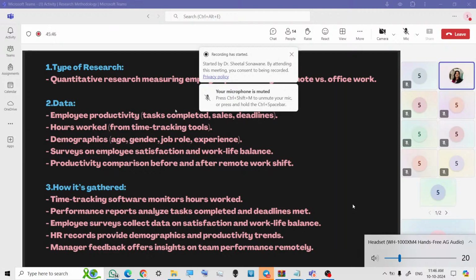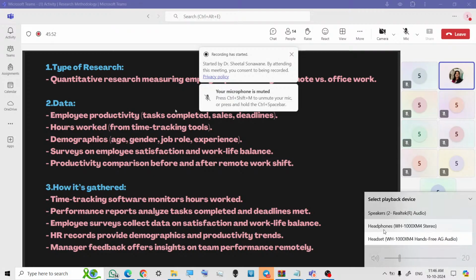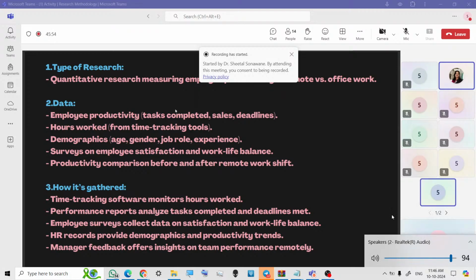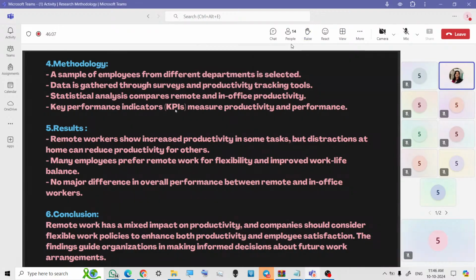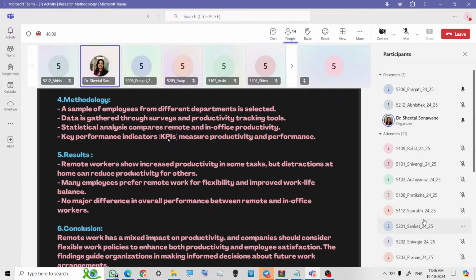So in this case, overall data is very less, right? So come to the methodology section. Next slide. So here it is mentioned that a sample of employees from different departments is selected. What is the sampling method used?